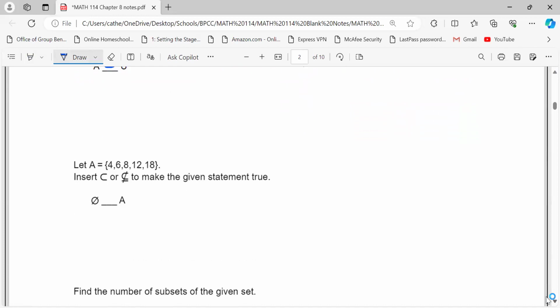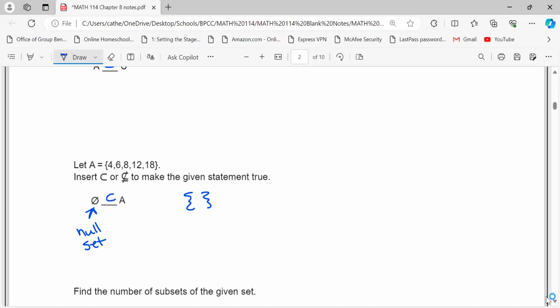Okay. This is set A. And what this is right here, you may or may not have seen it before. We use it for no solution. It's called the null set or empty set. It looks like this. There's nothing in there. And the null set is a subset of every set.